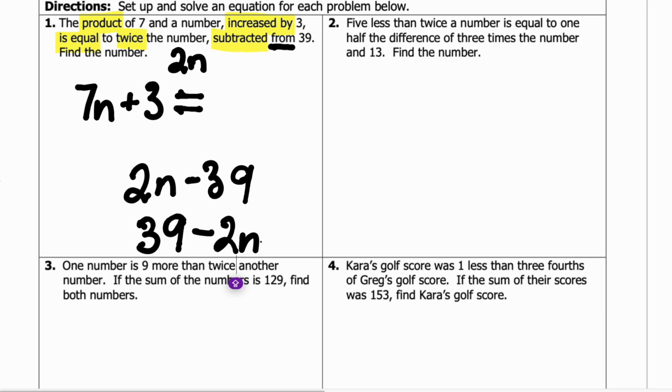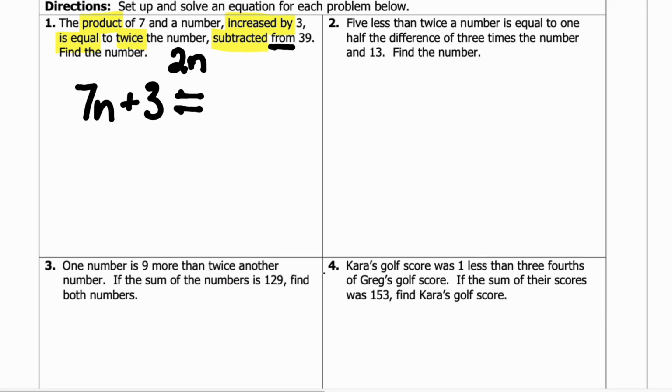So I just want to point out that we need to be careful about the order we're putting these numbers in. So that means 39 minus 2n. This is the equation that needs to be set up for number one.